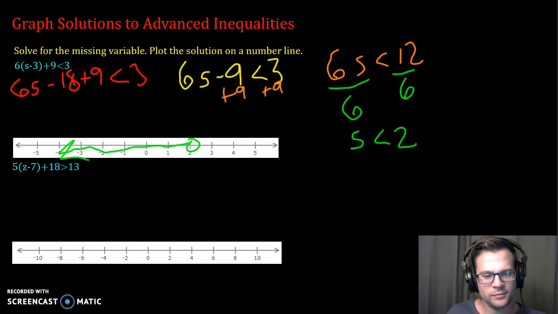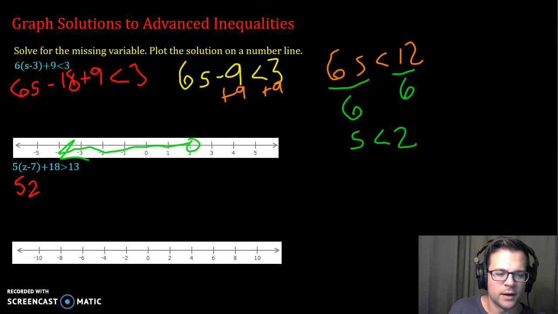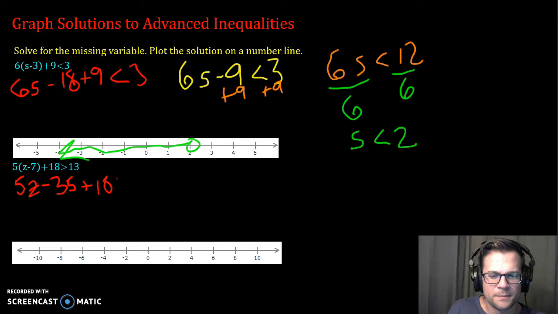5 times quantity z minus 7 plus 18 is greater than 3. Same thing, we're going to distribute. 5z, 5 times 7 is 35. Combining like terms again.